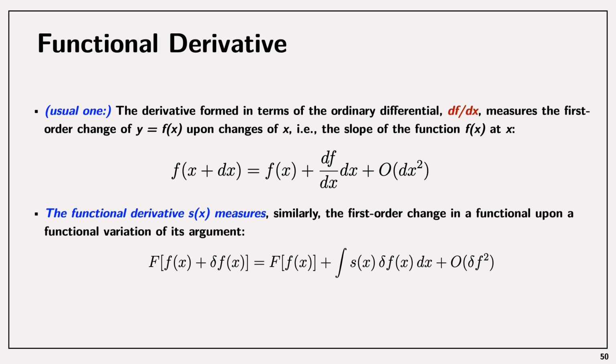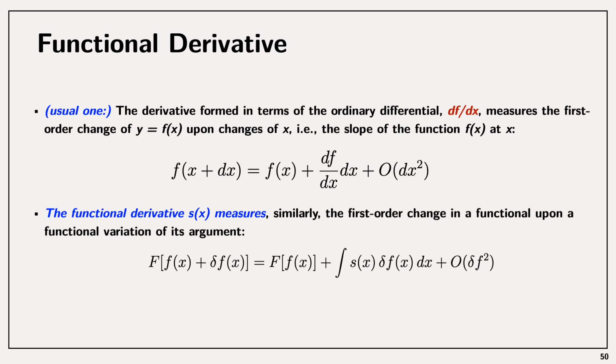Why is that so? Because a change in the function lowercase f is going to affect the functional from every single point along the variable x. So basically, what we need is to sum or to integrate. Really, we have to consider every variation along the x-axis here.